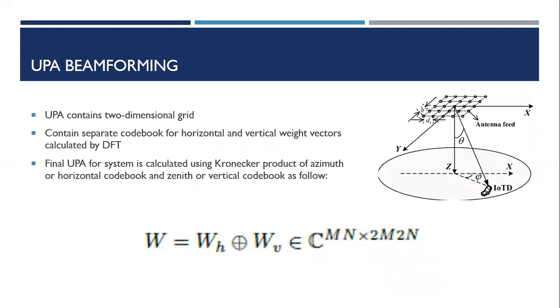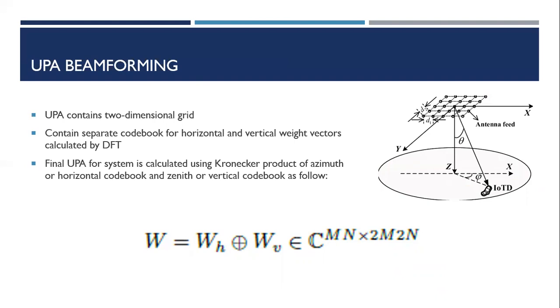Right. Apart from that, we have the UPA or uniform planar array beamforming, which we talked about earlier. So it will include a grid of the element pattern, usually given by NH times NV grid. So in order to calculate the entire weight vector for this uniform planar array, we again use the discrete Fourier transform algorithm, which takes place differently to calculate the horizontal weight and differently for the vertical weight. So there will be two sets of weight vectors.